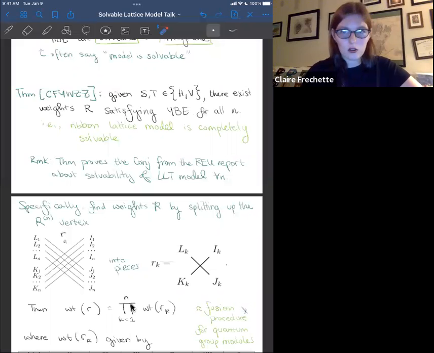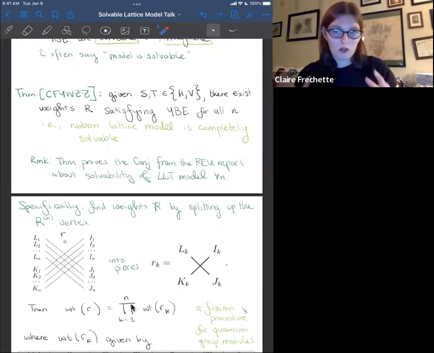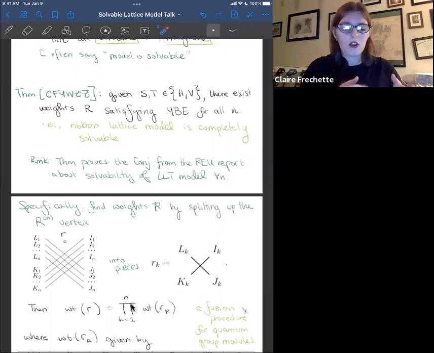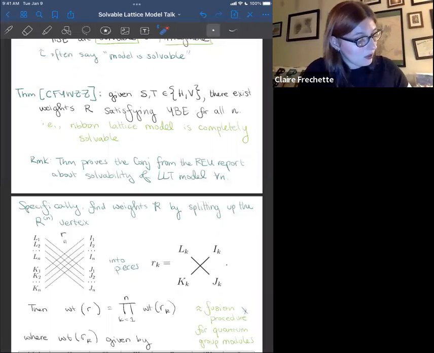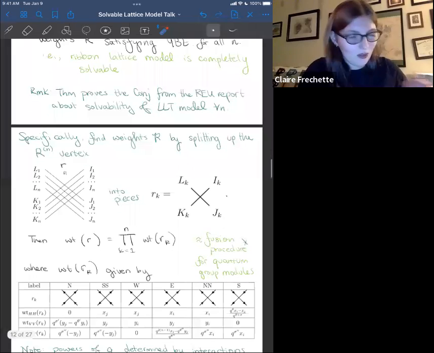I'm not going to talk too much about all the details of that, but there is an algebraic motivation behind why this particular type of Yang-Baxter equation works, and it works because our original S and T weights are also fusion weights. And so the particular choices of weights for our individual pieces also look kind of nasty.